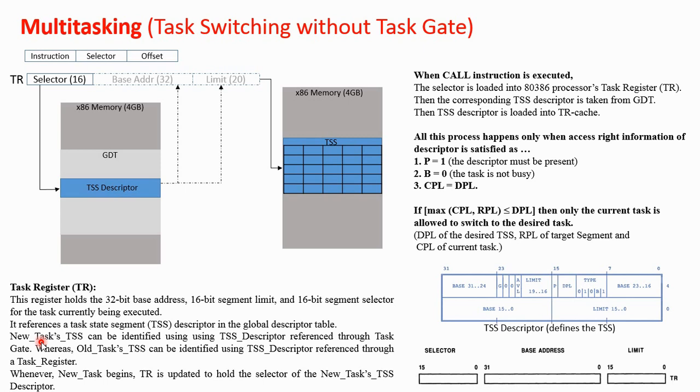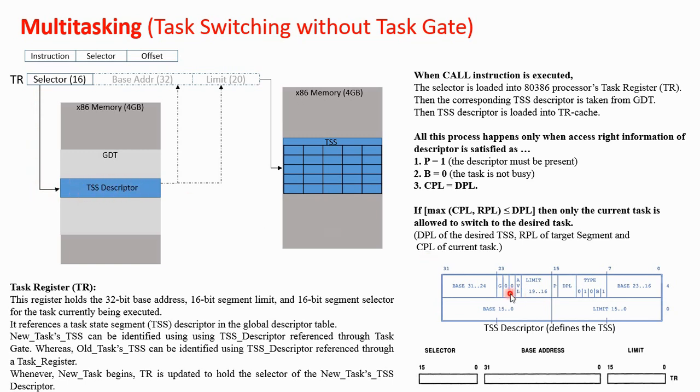The selector of the currently running task's TSS descriptor is always kept in the TR. So the task descriptor's selector is there in the TR register. The task register functions as an index pointer into the GDT to locate the TSS descriptor. It means that whenever the task register is loaded with the selector, that selector will locate the TSS descriptor.